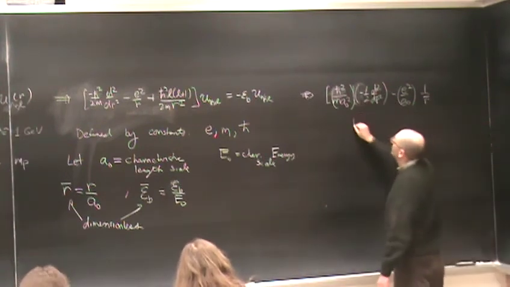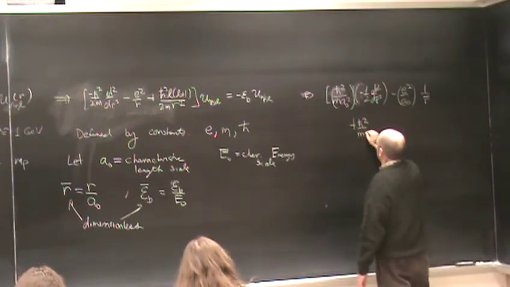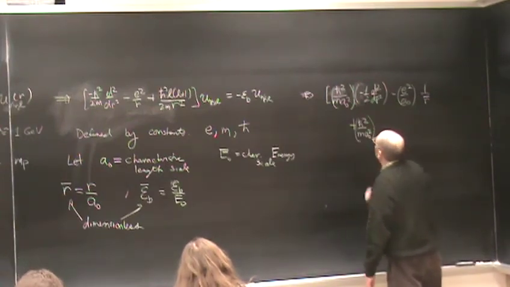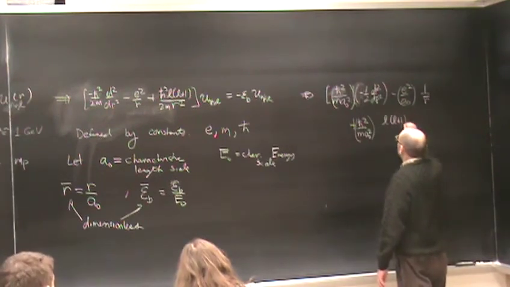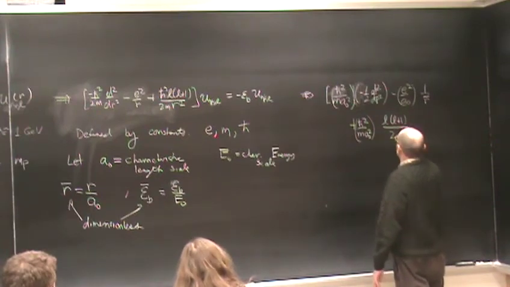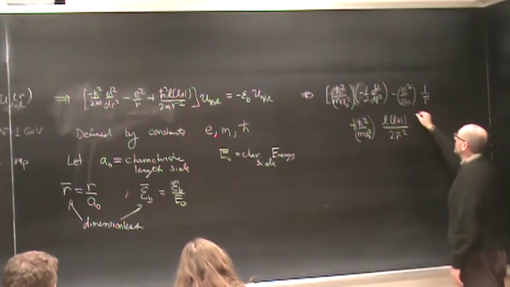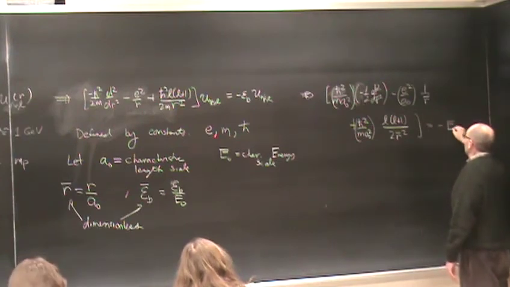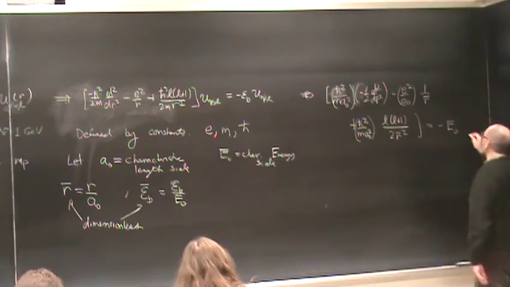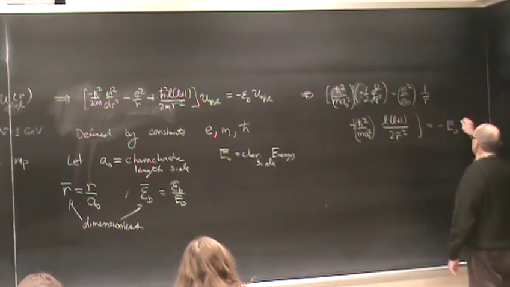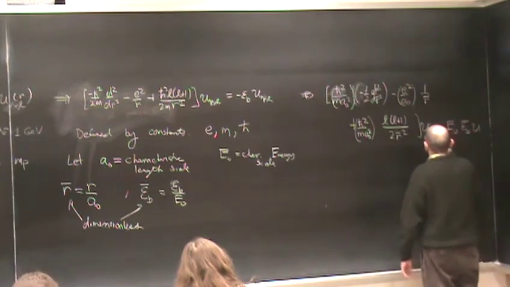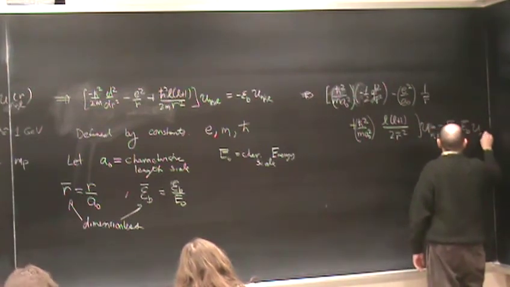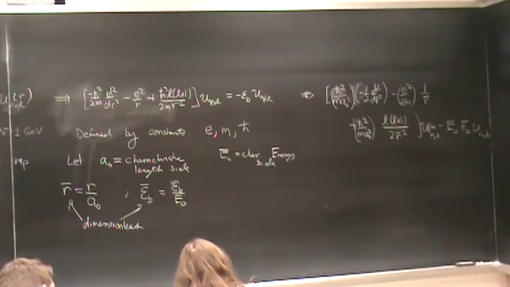And then I have plus h bar squared over 2m A naught squared times l times l plus 1 over 2 dimensionless r squared, is equal to minus E naught times the dimensionless binding energy, I'm sorry, times the wave function. Right? So that's just factoring out the characteristic scales.